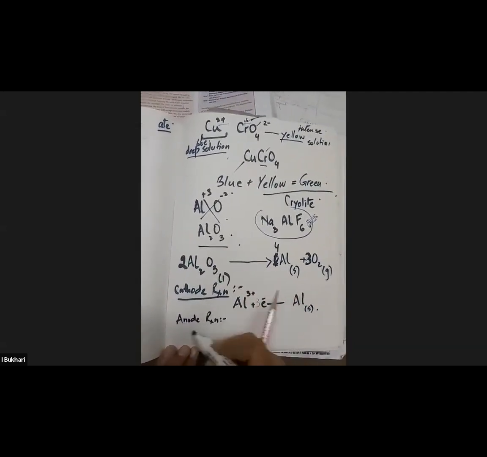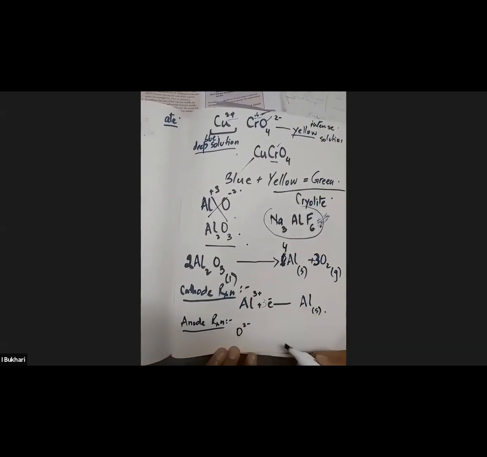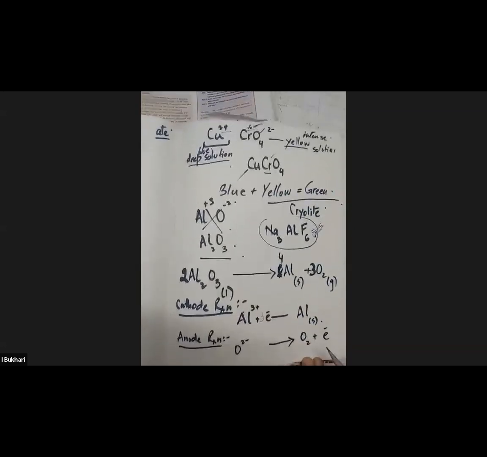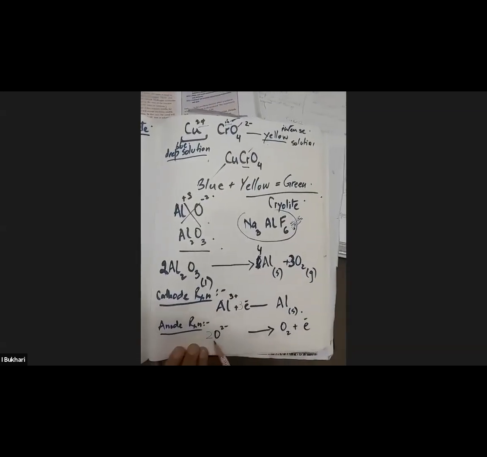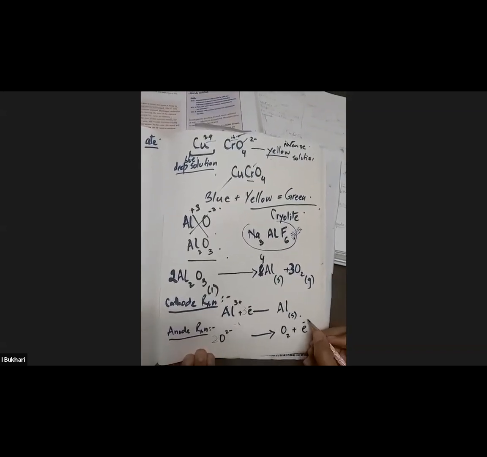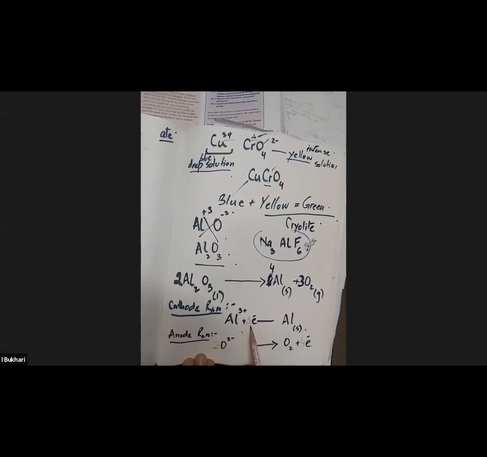Then the anode reaction would be oxide releasing oxygen and electrons. This is loss of electrons. So this should be 2 because there are 2 here. So 2 2s are 4, and then this should be 4 as well. So 4, but this is 3. So what do I do? Can I do this?